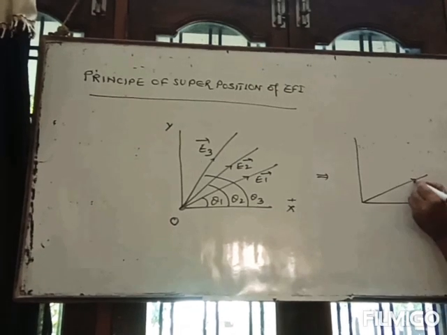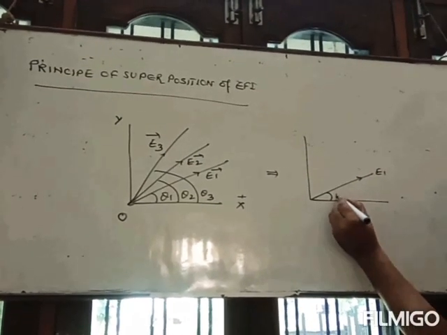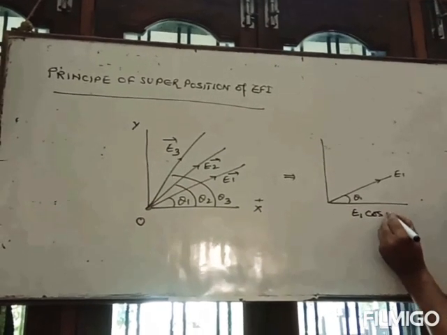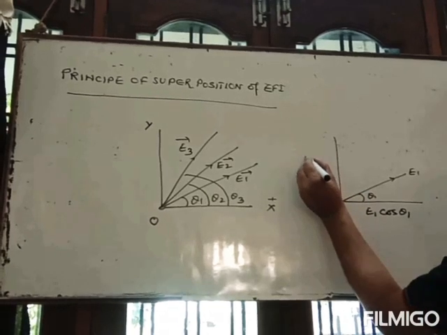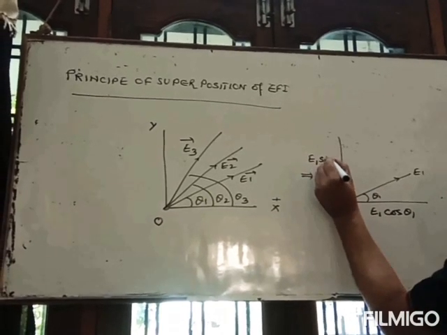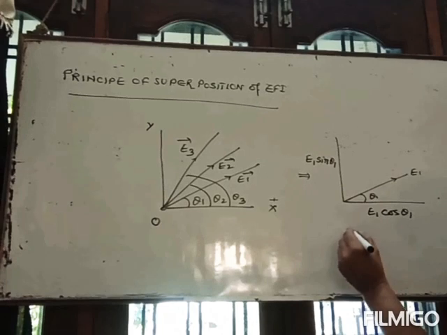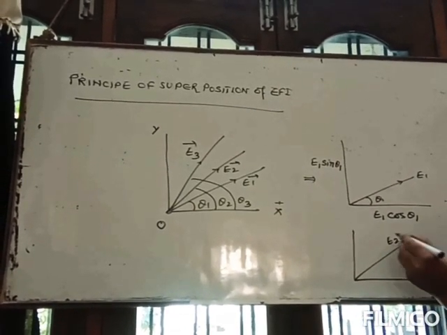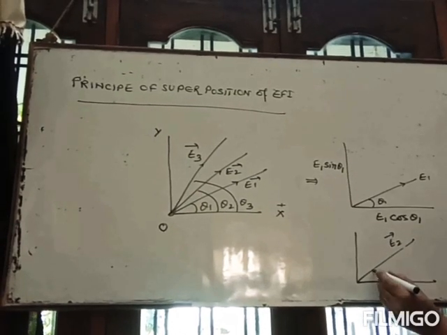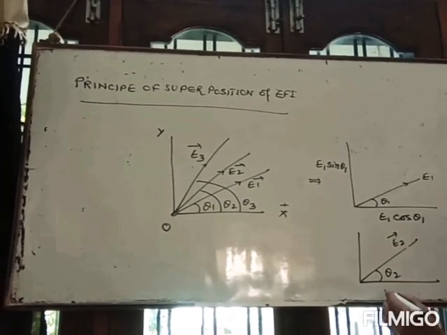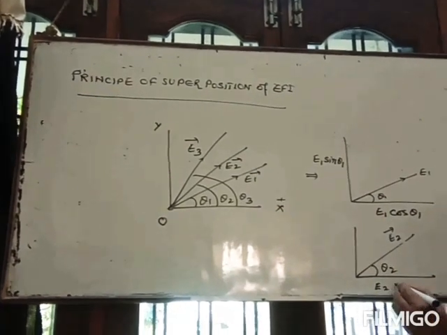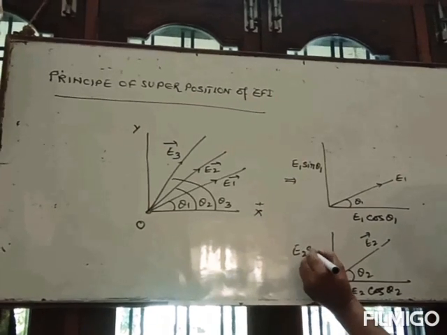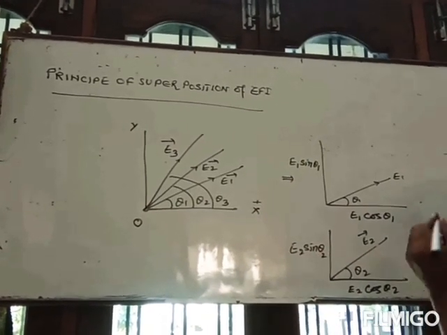Suppose it is E1, this angle is theta 1, so its horizontal component becomes E1 cos theta 1 and vertical component E1 sin theta 1. Similarly, for the second EFI, suppose it is E2, angle theta 2, so its horizontal component becomes E2 cos theta 2 and E2 sin theta 2 is its vertical component.